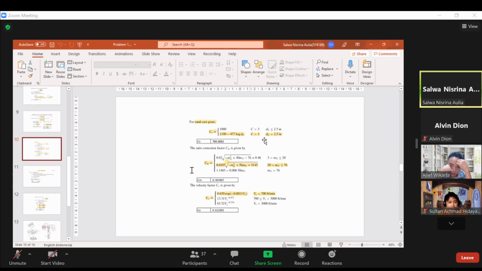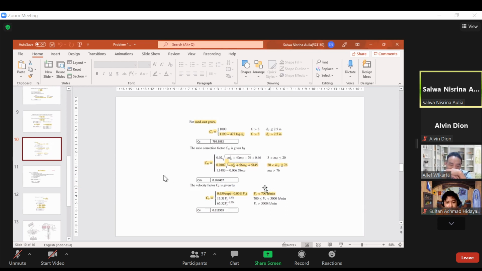Because the material of the gear is sand cast, we can determine the material factor from this equation. And this is the ratio correction factor. Because the ratio is 56, we choose this equation and get the ratio correction factor. And last is the velocity factor.